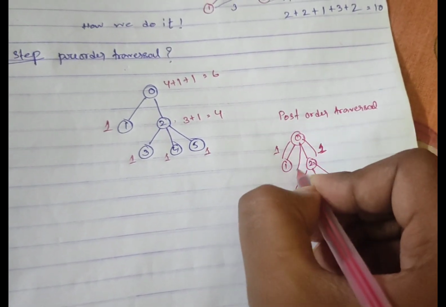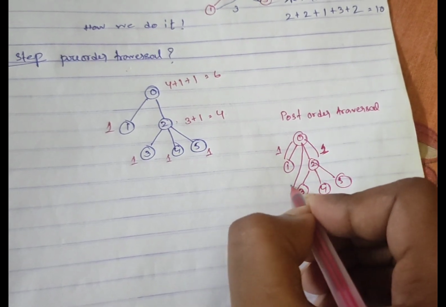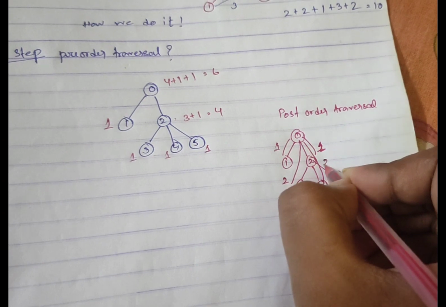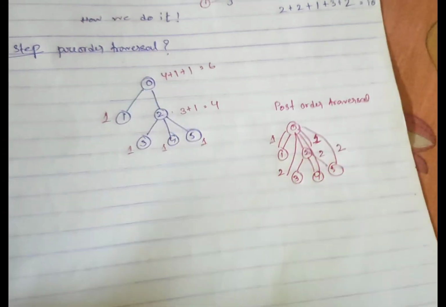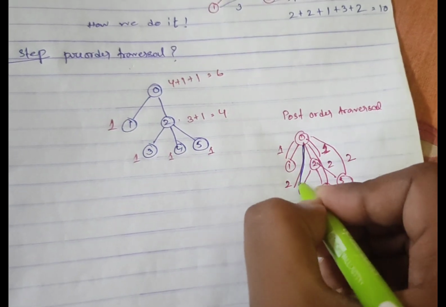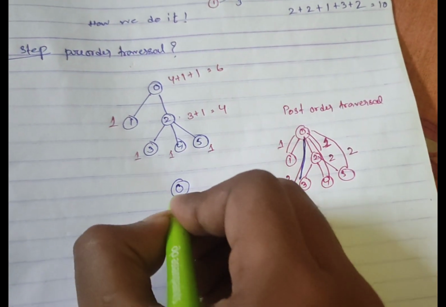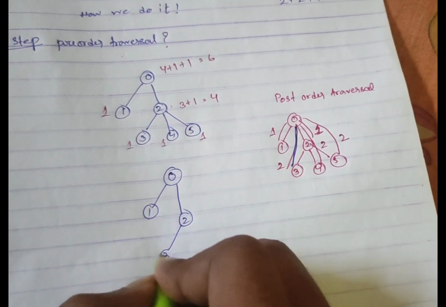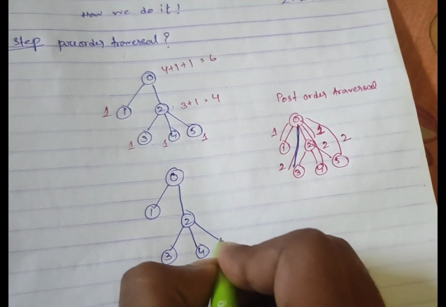Then for 3 this is what? 1 plus 1, that is 2. For 4 this is 2. For 5 this is 2. You can check, we are doing it for depth. Check it for 1 and then 2 and then 3 and then 4 and then 5.